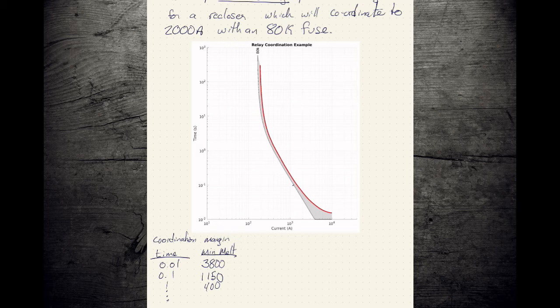Now we're going to apply our derating factor. We don't have any special information, so we're going to use our 75% rule that we covered in our fuse-to-fuse coordination lecture. I'm typing that into the calculator.